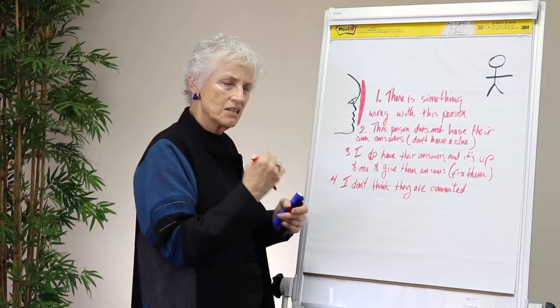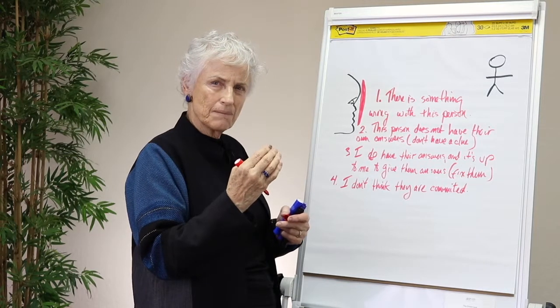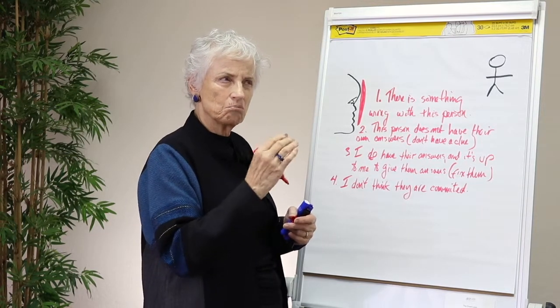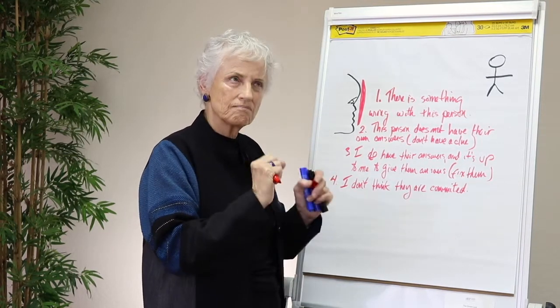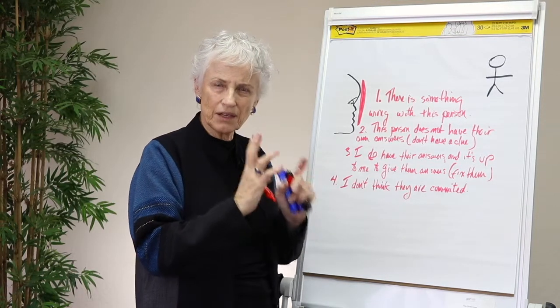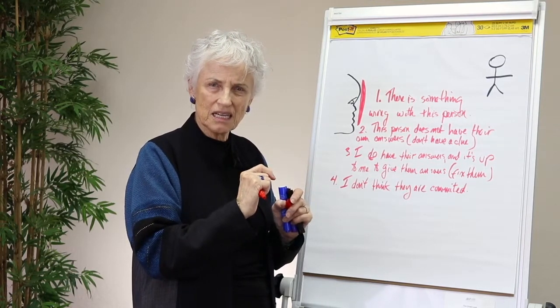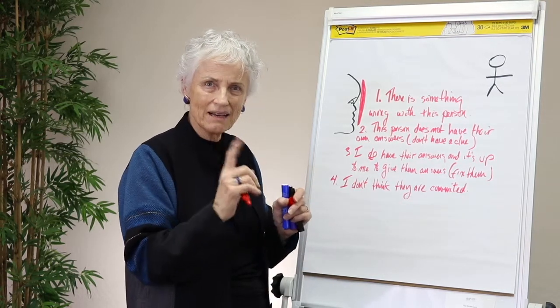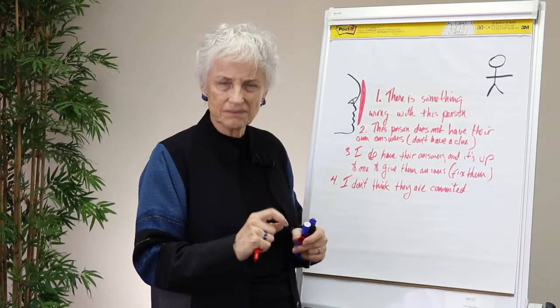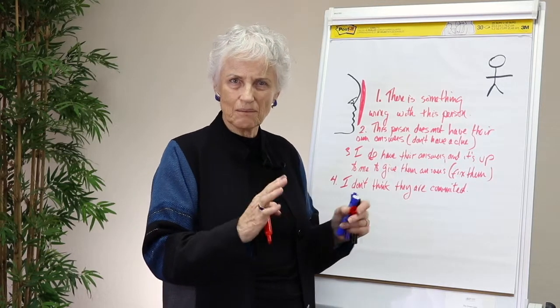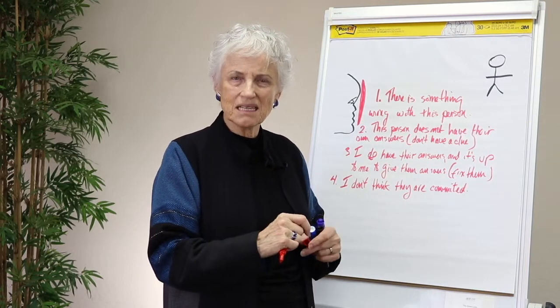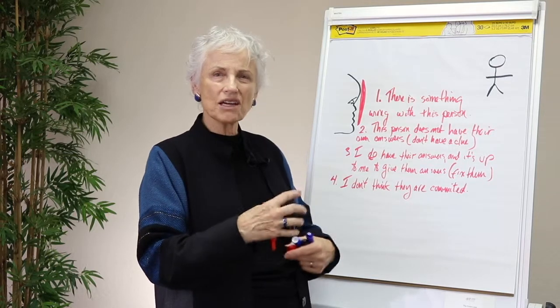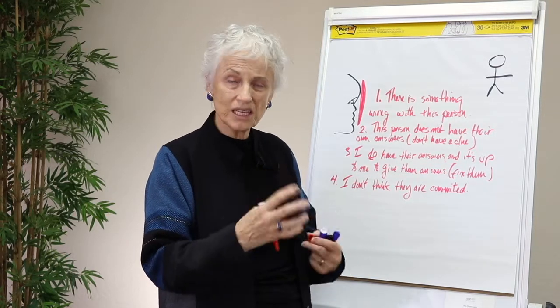And the interesting thing is that the most difficult thing for another person to hear is that you don't think they're committed. Why? Because what's true about people is that they are committed. They truly are.